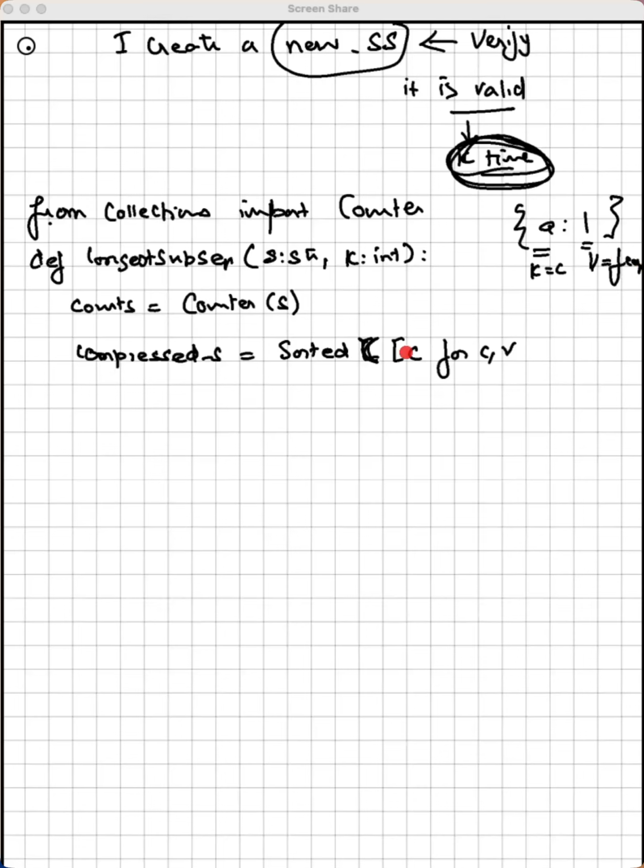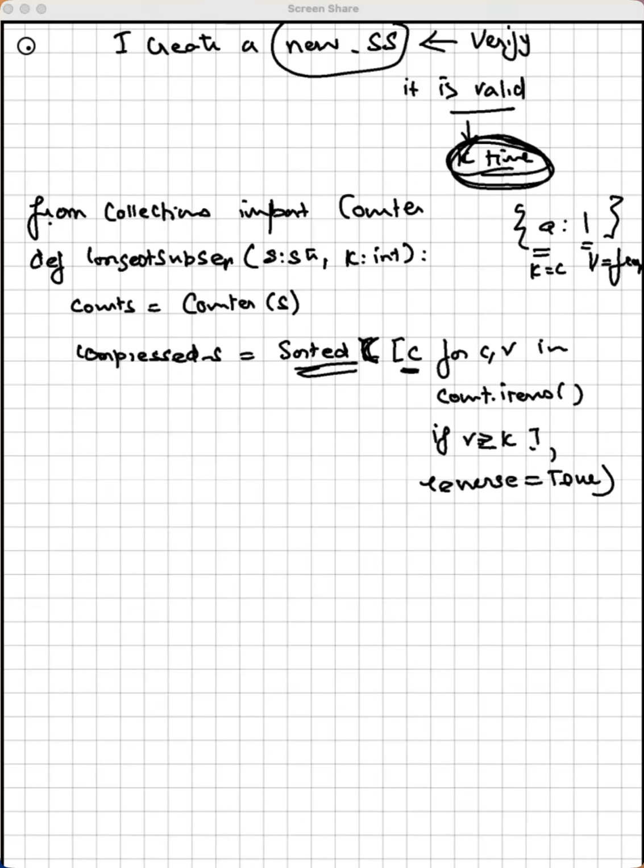So I'm going to collect all the C's in counts.items, if their value was greater than or equal to K. And then finally I'm going to sort the C, that will give me the lexicographically largest order. Oh, sorry, I forgot, I want to do it in reverse order, otherwise I'll get an ascending list.